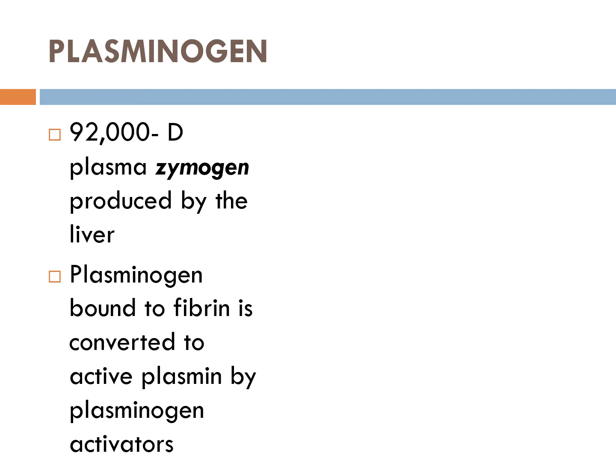The activators of plasminogen consist of either endogenous or exogenous groups. Plasminogen activation to plasmin is the result of the activity of a number of proteolytic enzymes. These enzymes, which we call kinases, are referred to as the plasminogen activators.